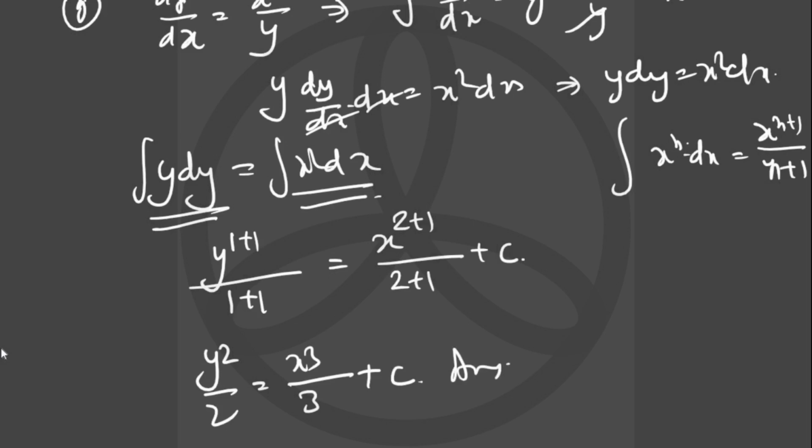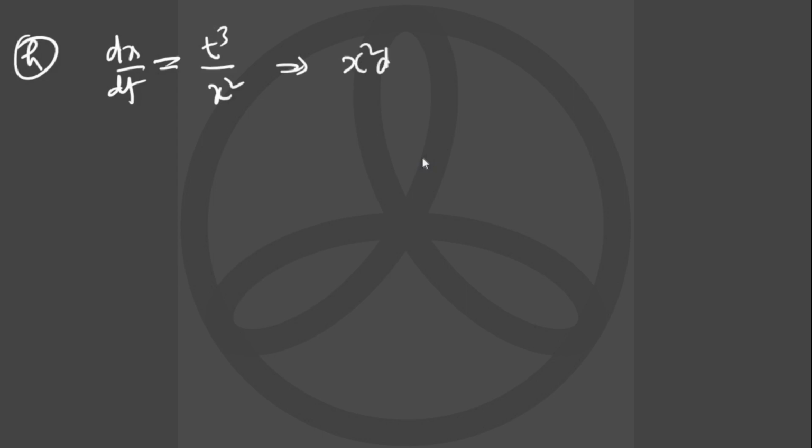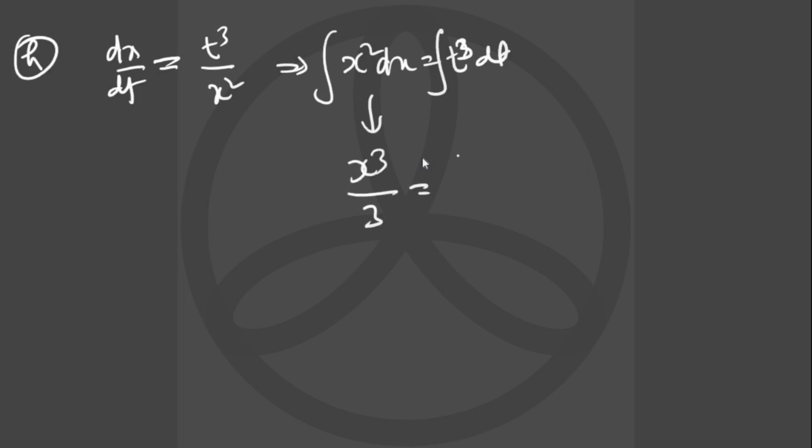And now we come to question number H. Here question number H is dx/dt is equal to t cubed over x squared. Apply variable separation method to get x squared dx is equal to t cubed dt. Apply integration on both the sides to get x cubed over 3 is equal to t to the power 4 over 4 plus a constant of integration c.